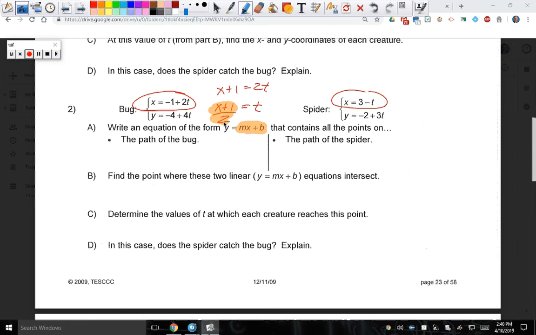And I'm going to put it right here on my y equation, because we want it in y form, negative 4 plus 4 times what I got here for t. Go with me? From here, I would suggest to you, if you struggle with fractions, put that as 4 over 1.